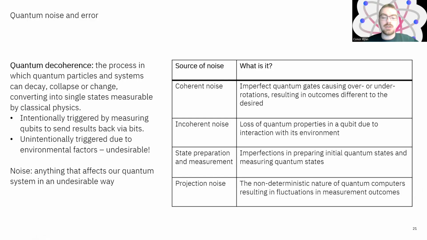You also have projection noise. Because a quantum computer is probabilistic, so it's not perfectly deterministic in every step of what it does, you can still get random fluctuations in your quantum measurement outcomes, but you can get a statistically high enough amount to overcome this in most cases.